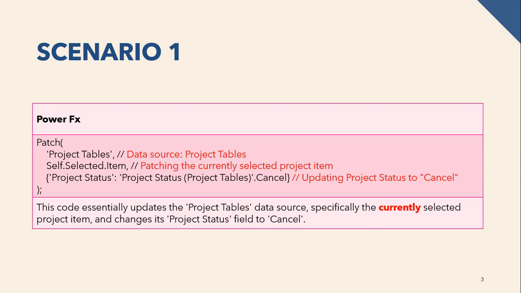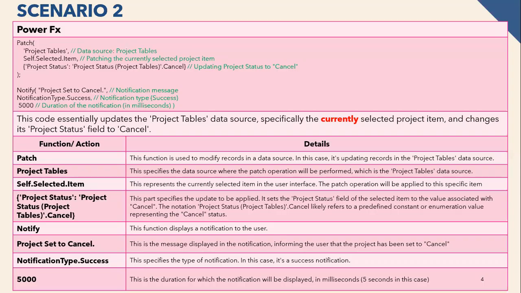Just to expand this scenario a bit more, after patching a record into your database table, if you want to notify the user saying, hey, I've just done my update, you just need a slight modification to your FX query. On completion of that, you mention Notify, with a message like project status set to cancel, which is the notification message.